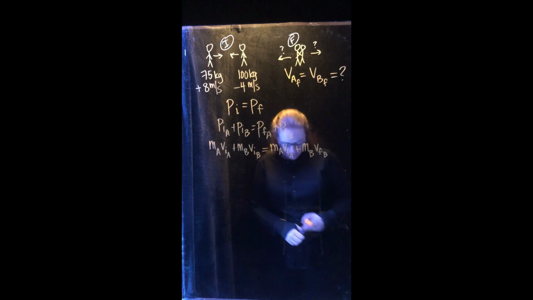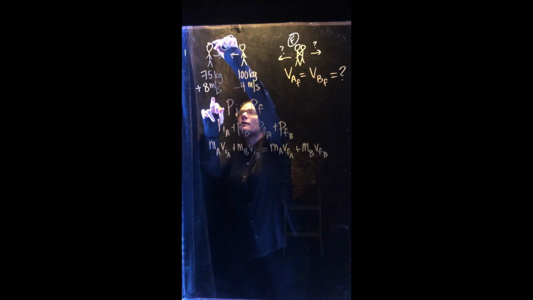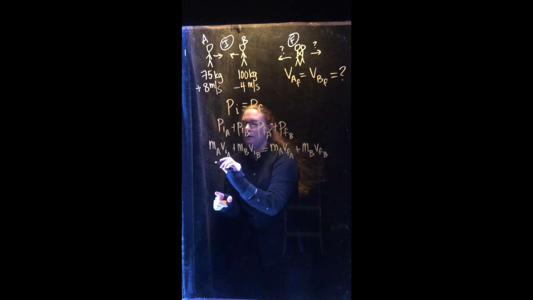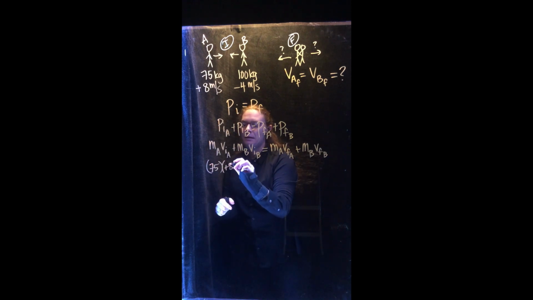So let's put the math together. Mass of A is 75 times velocity of A plus 8.